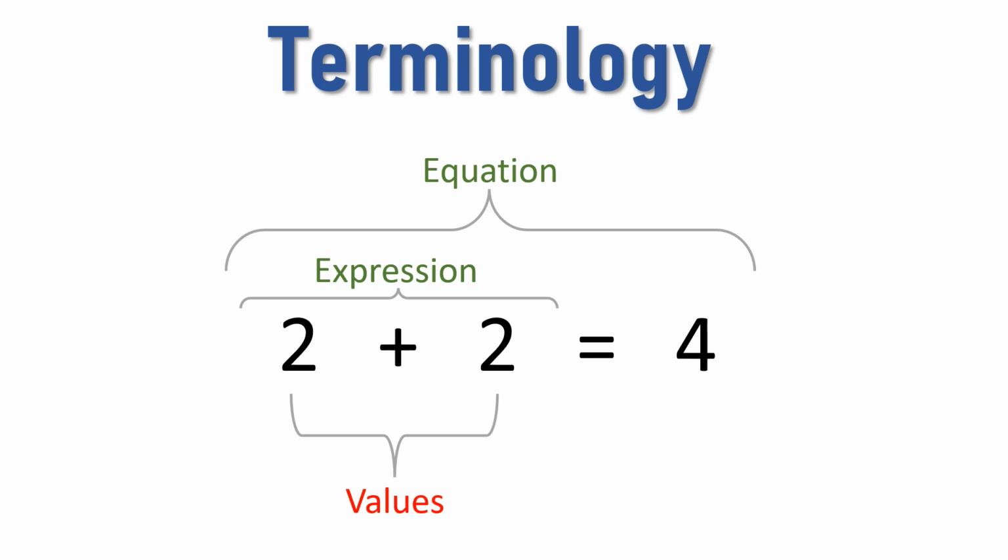But the values are the pieces of data you're actually working with. And what you do to that data is controlled by this part right here, this component of your expression, which is called the function. So in other words, we use the function to impact the values so that we can get this over here, which of course is the answer.